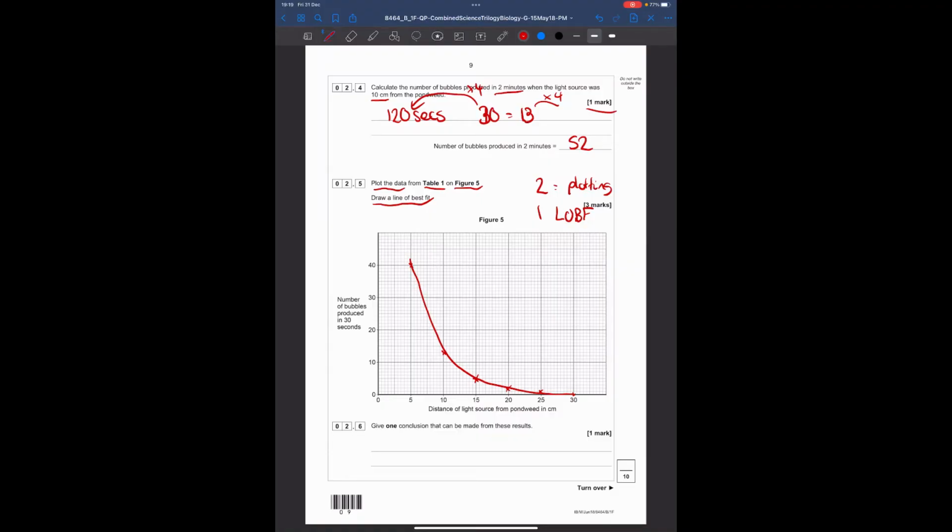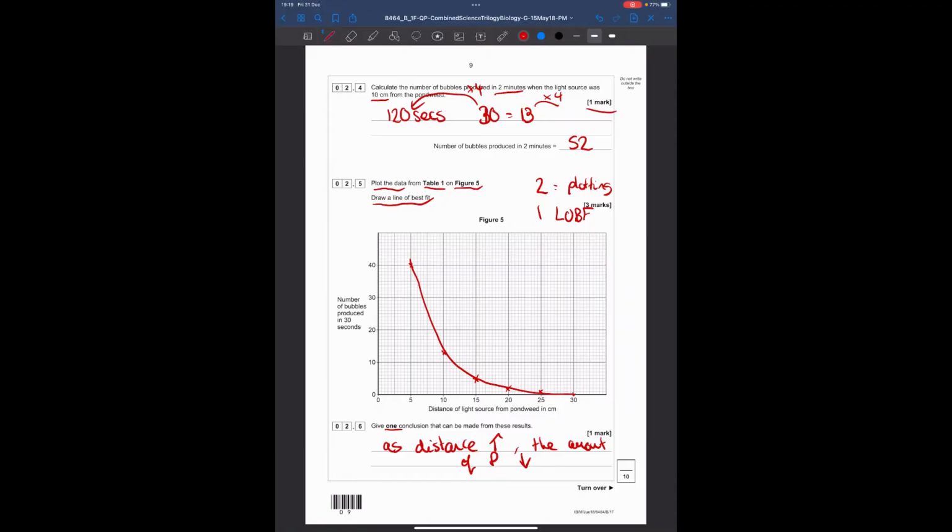Question 2.6, give one conclusion that can be made from these results. Well, we can see as the light distance increases, the number of bubbles decreases. So you could say, as distance increases, the amount of photosynthesis decreases.